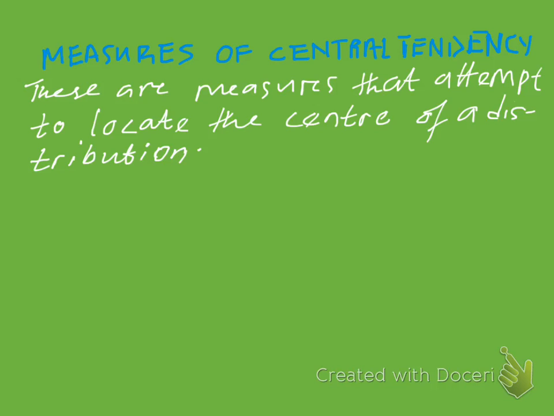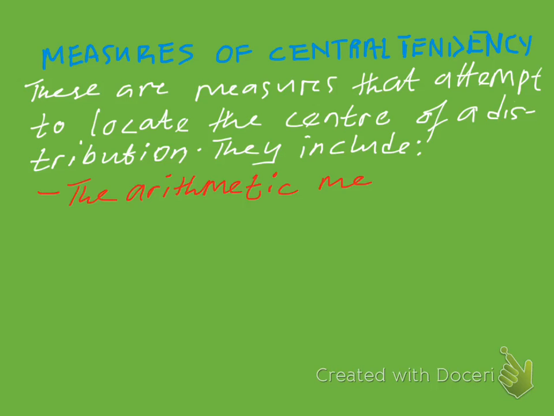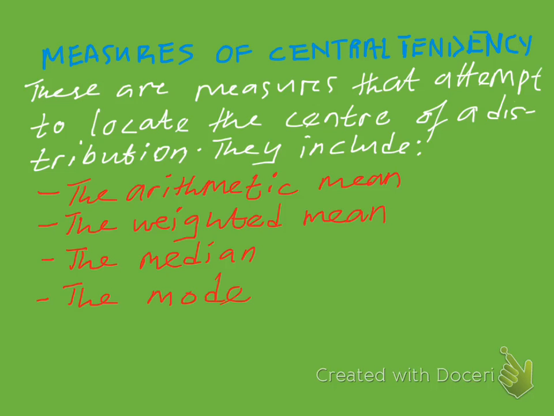This is very important. They include the arithmetic mean, the weighted mean, the median, and the mode. Note that the arithmetic and weighted mean are all forms of mean. All of them are the mean.